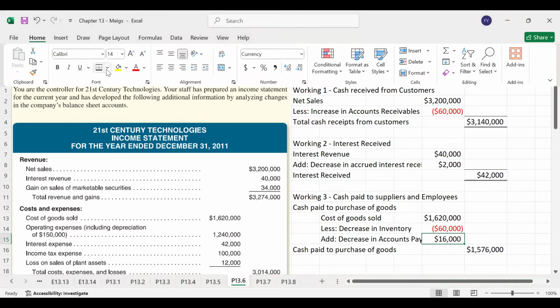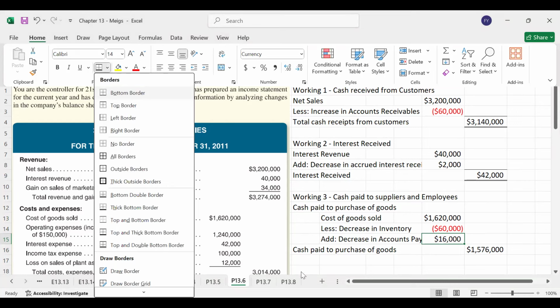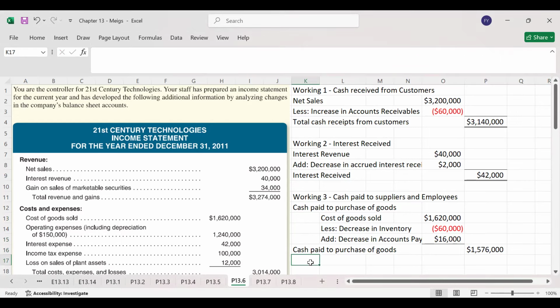And then the next step in this working is to calculate the cash paid for operating expenses.